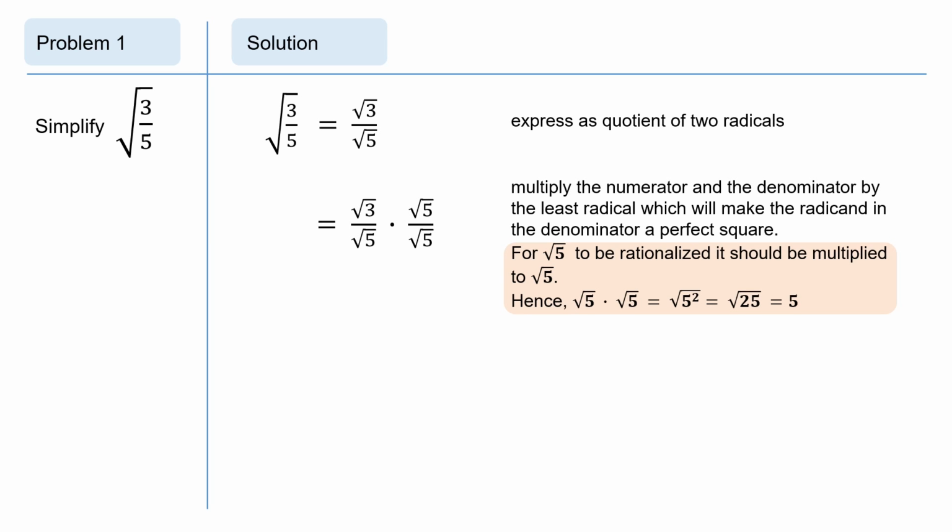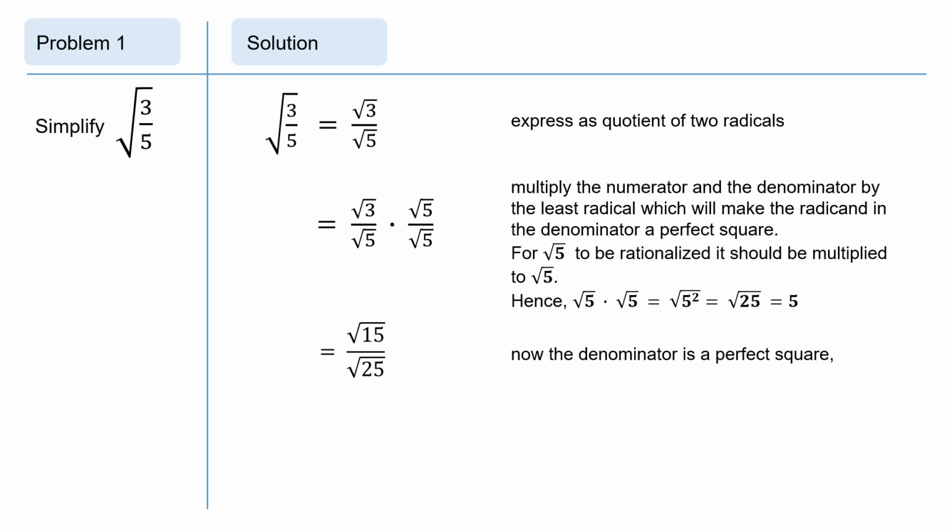Then, multiply the numerator and the denominator by the least radical, which will make the radicand in the denominator a perfect square. Ito yung ginawa natin kanina. So, saan i-multiply ang numerator at denominator? Sa square root of 5 para maging perfect nth power yung denominator natin.